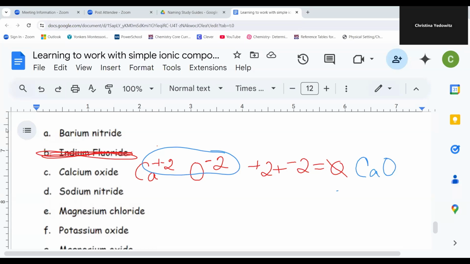Okay. Sodium. Everybody found sodium? Sodium's a group 1, so everybody in group 1 gets a +1 charge. That's easy. Okay, and now nitrogen. I'm going to go over to group 15. Everybody in group 15 gets a -3 charge.